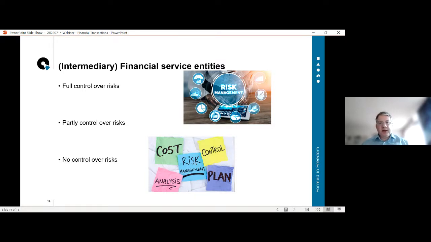That's clear. But what happens in that gray area? That is something that we also should see in practice. What will still be acceptable?